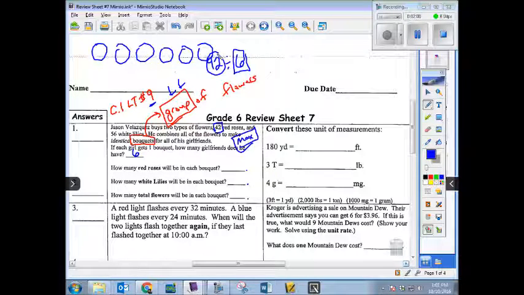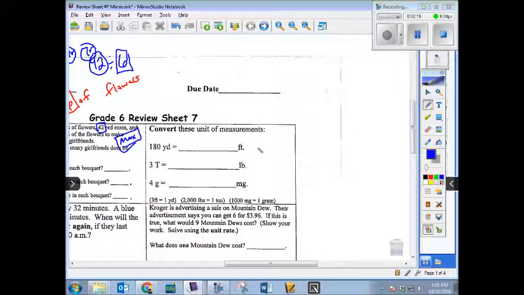If he has 42 total roses, 42 divided by 6 would be 7. He'd put 7 roses in each one. So the answer is not 6 here, and not 7 here, but I just want you guys to understand that that's kind of what you're doing. You have to use your little key down here.